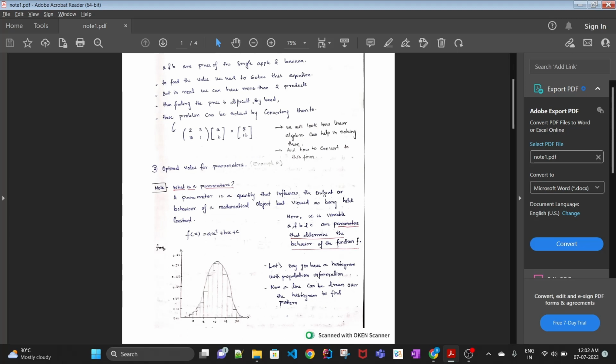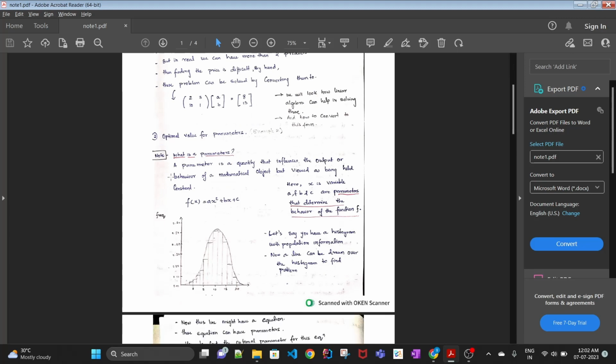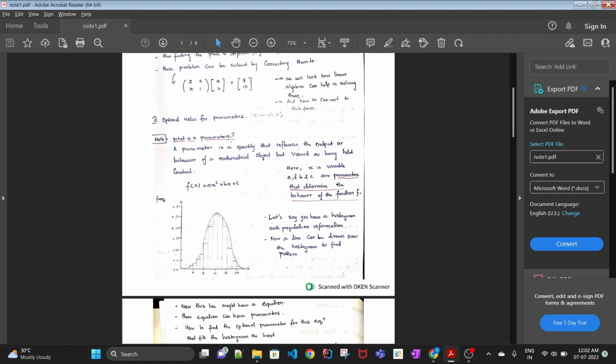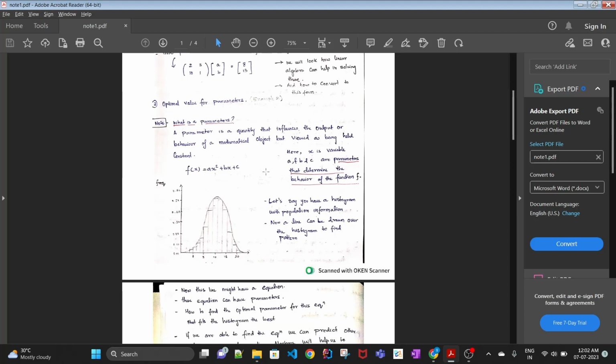In the same way, let's look at another example, which is the optimal value for parameters. First, let us understand what exactly a parameter is. A parameter is a quantity that influences the behavior of a mathematical object. For example, we have a line which has a function, and in this function we have a, b, and c as parameters.